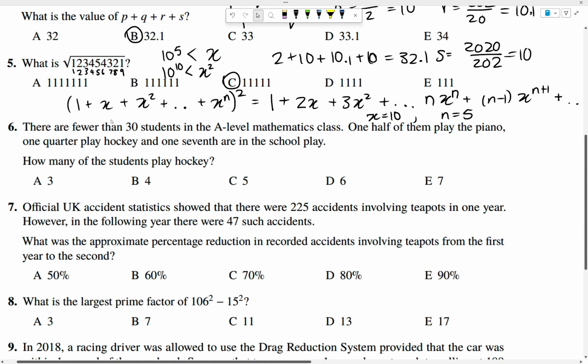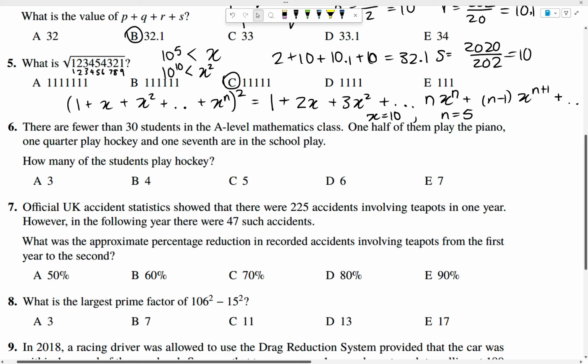So question number 6. There are fewer than 30 students in the A-level mathematics class. 1/2 of them play piano, 1/4 of them play hockey, and 1/7 of them are in the school play. How many of the students play hockey?